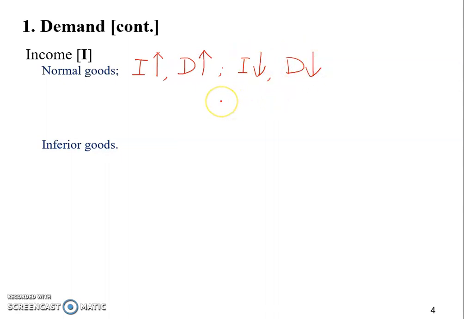People would buy less. Now, what could be the examples? There could be a lot of examples around us. For example, a MacBook. When you have a higher income, you're more likely to buy a MacBook.